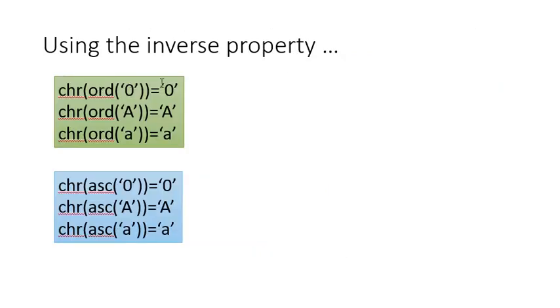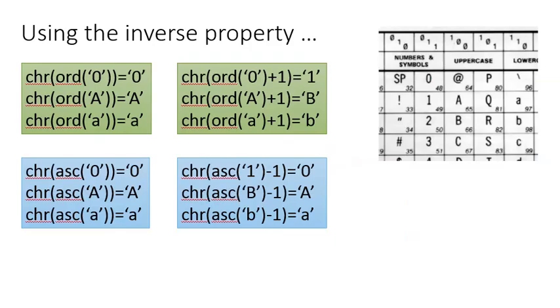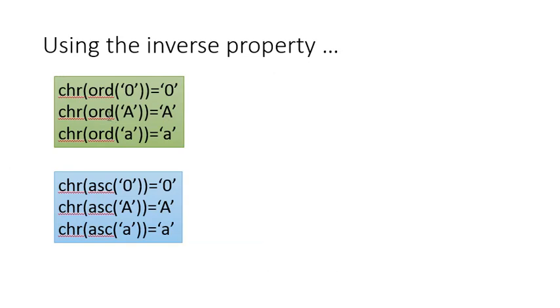And if I CHR 48, I'm simply going to get 0. Ord of A is simply going to give me the value of 65. And therefore, if I CHR that, I'm going to get capital A back. And likewise for lowercase a. The equivalent in pseudocode is simply to put an ASC inside a call to CHR. Same effect.